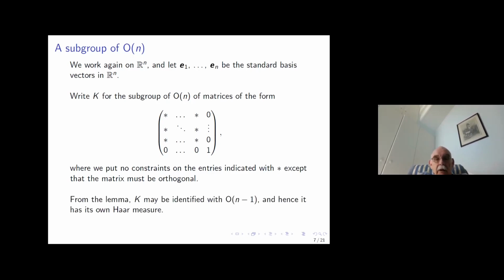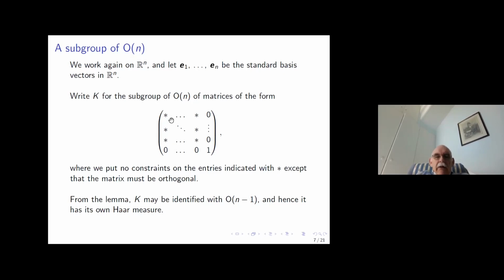So from the lemma that said how to recognize an orthogonal matrix, it means that every matrix like this, if I just forget about these zeros and this one, gives an (n-1) by (n-1) orthogonal matrix.